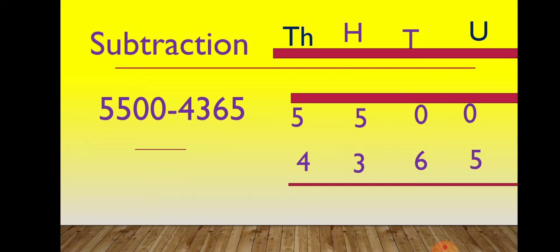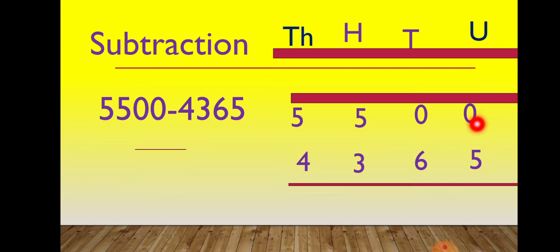So first one, arrange it vertically. 5500, 0 tens, 0 units, minus 4365. Now subtract. Do you subtract 5 from 0?